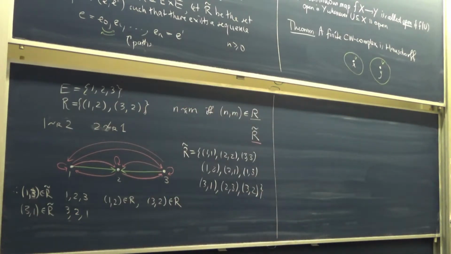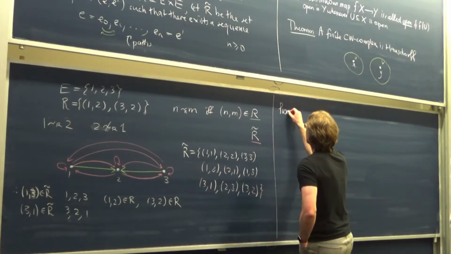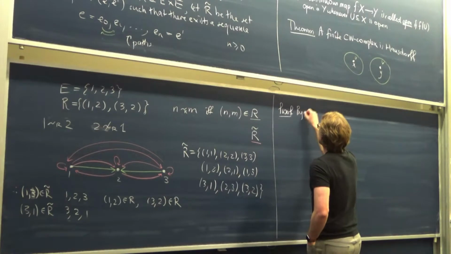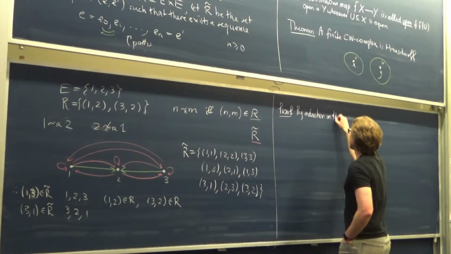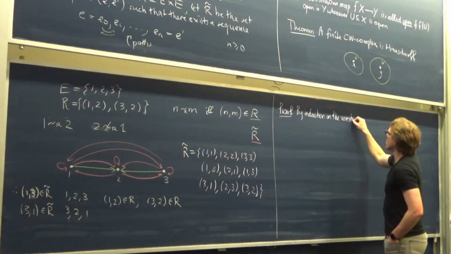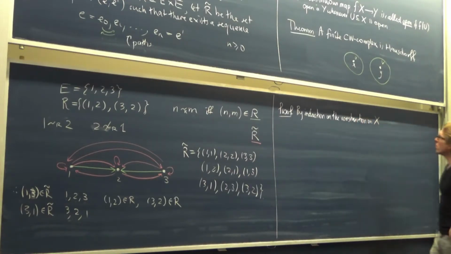Okay. So, proof. Well, the proof of compactness was by induction on the construction, and this is the same.